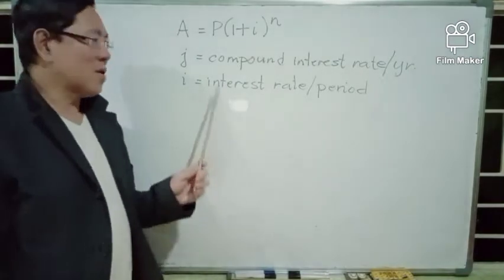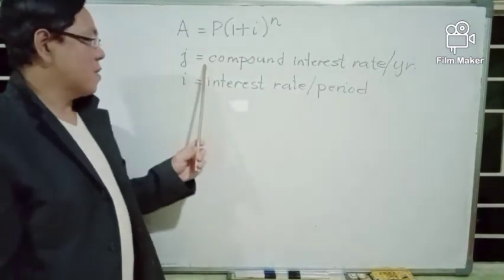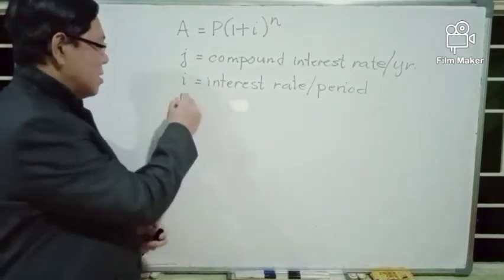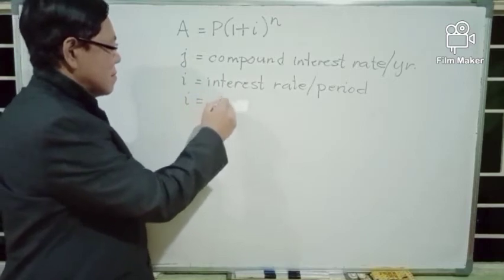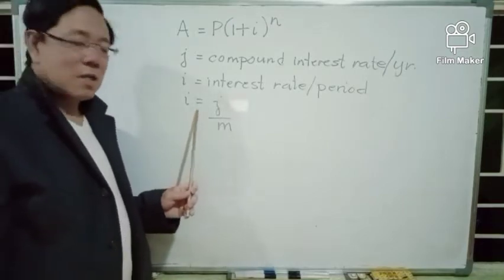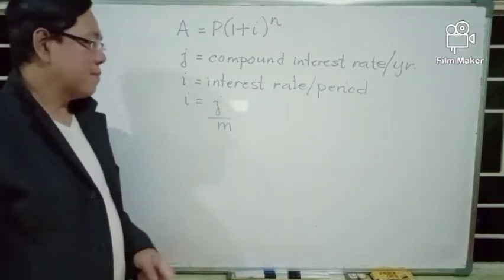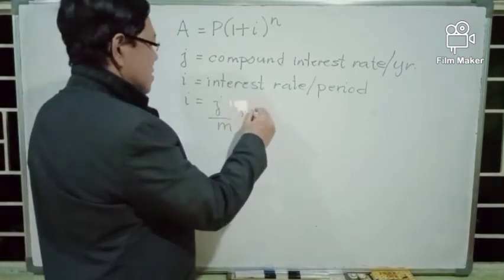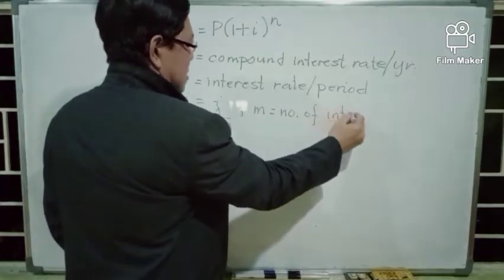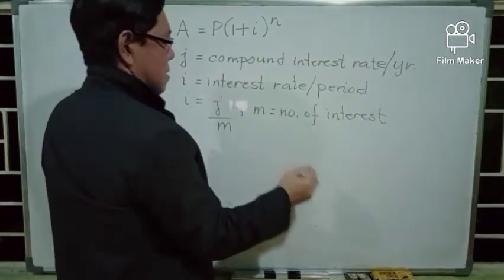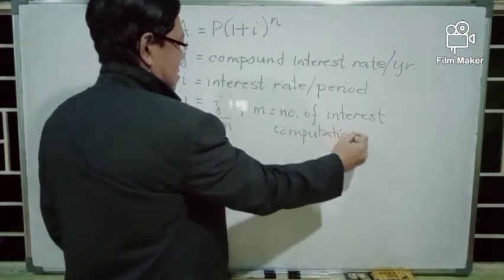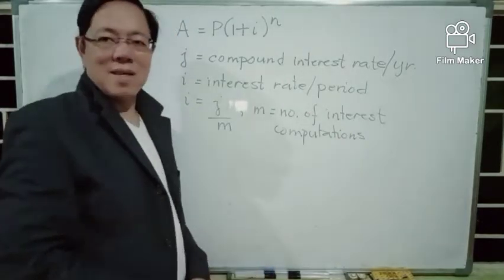And the small I, or the interest rate per period, is obtained from the compound interest rate per year. It is given by this formula: I is equal to J divided by M, where M is the number of interest computations per year.